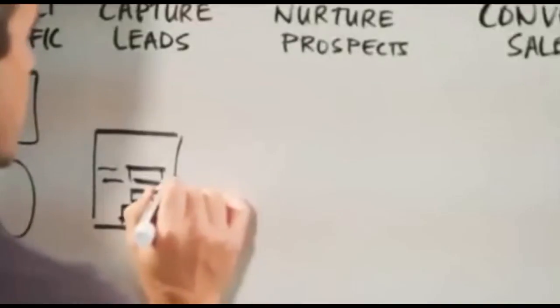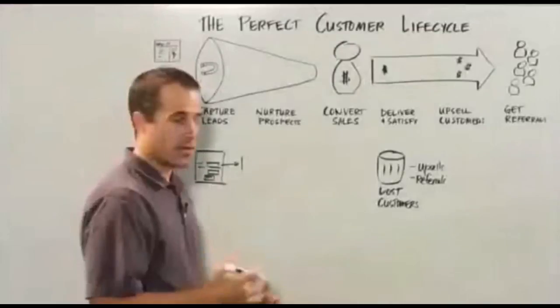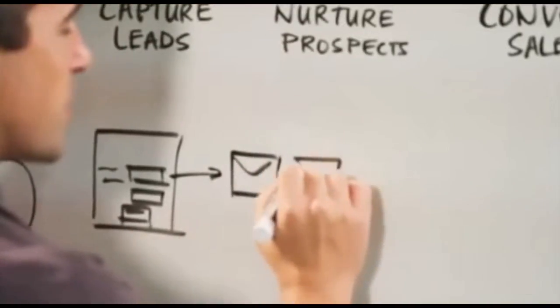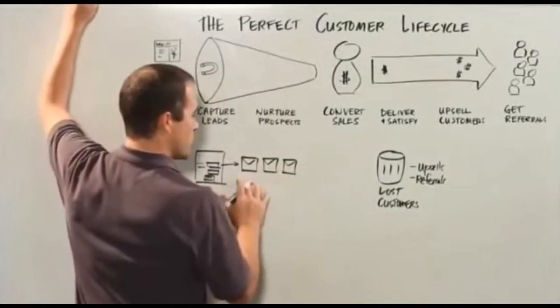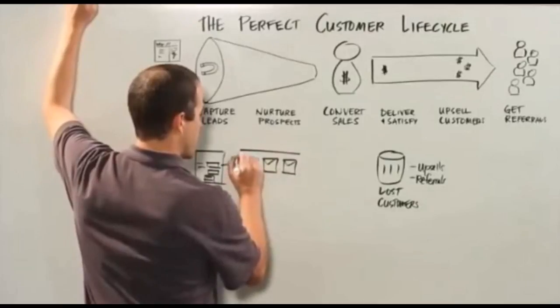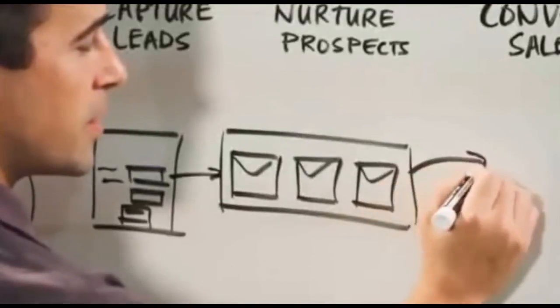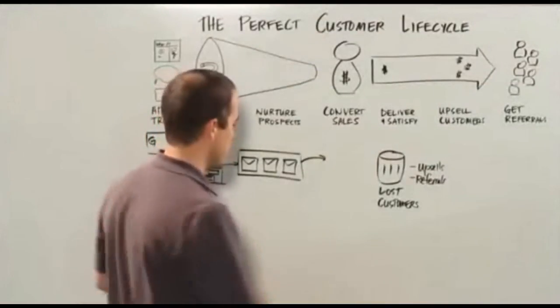Okay, the first thing we're going to do is something like this. Somebody fills out a form on our site, we've captured them. We're going to begin to follow up now with them. We're going to send them emails or direct mail pieces, different types of follow-up that we'll use to nurture the relationship. Okay? Those who are interested enough to buy will move on into our conversion process. Those who are not, we actually have a place for them, and it's not the trash can.